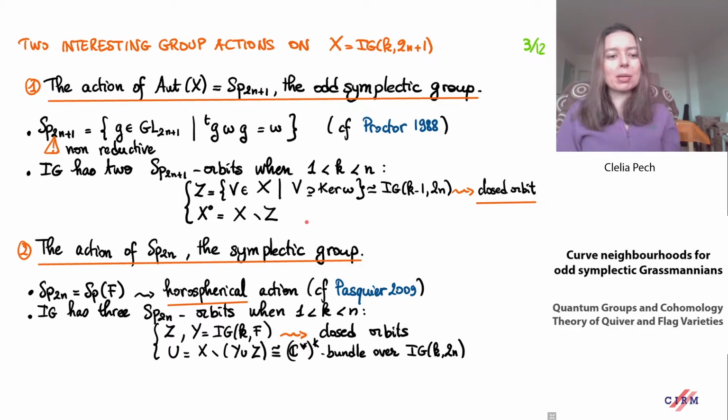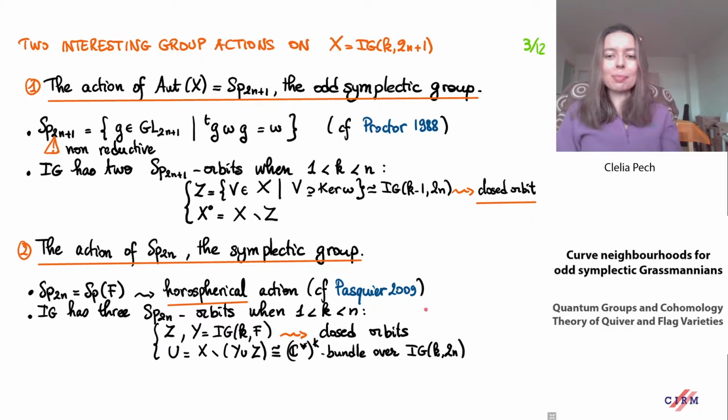So that's what I mean by quasi-homogeneous: I have an open orbit for the action of the group. And actually, in that case I have only 2 orbits, so that's as close to homogeneous as it can be in a way. The other group that will be of interest is simply the symplectic group.